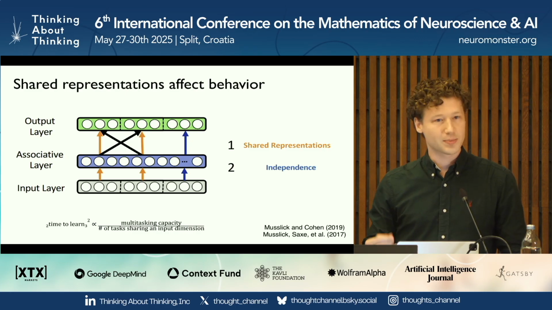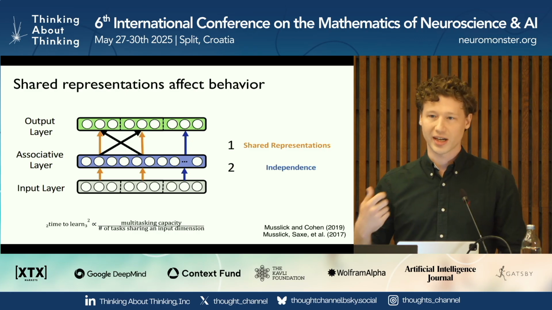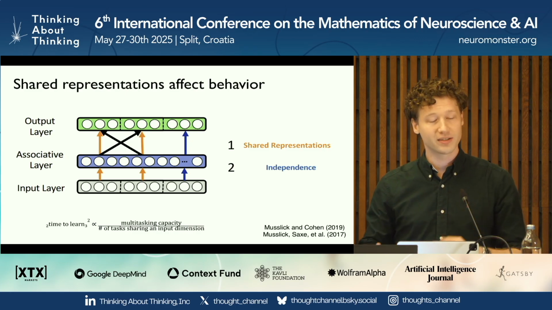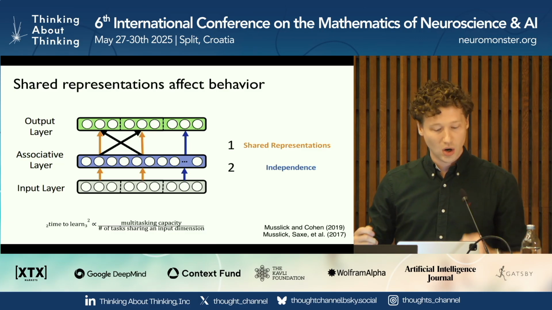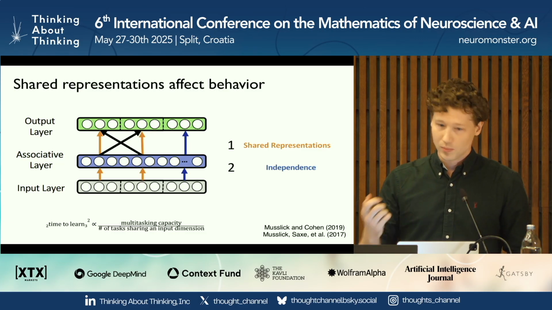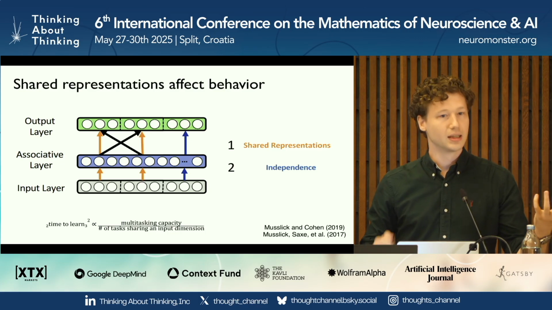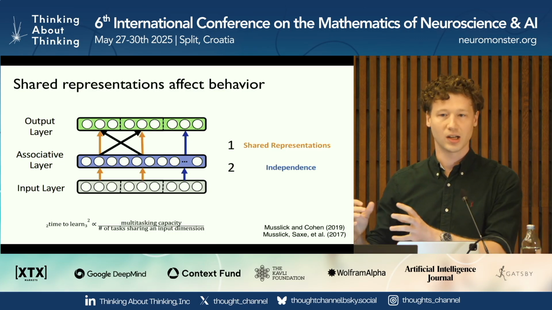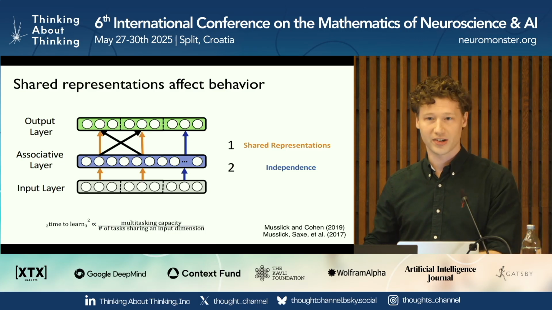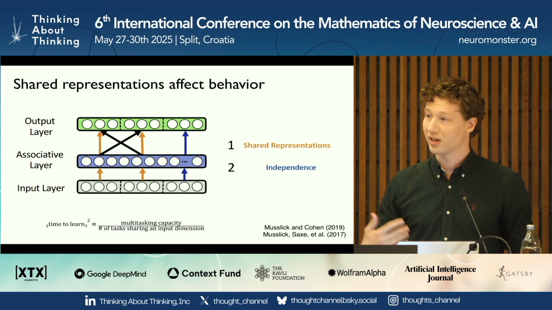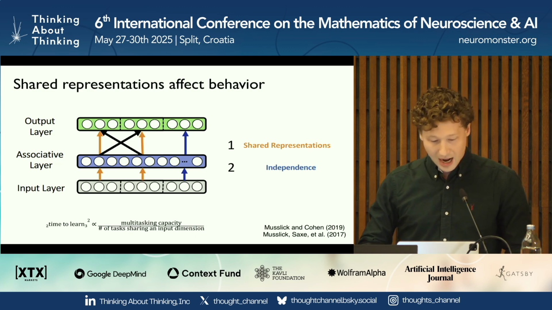And prior work has posited that there is a normative trade-off that underlies when the brain uses one solution or the other. It affects this relationship between multitasking capability on one hand, and the sharing of knowledge or generalization that you get from having these overlapping representations on the other.